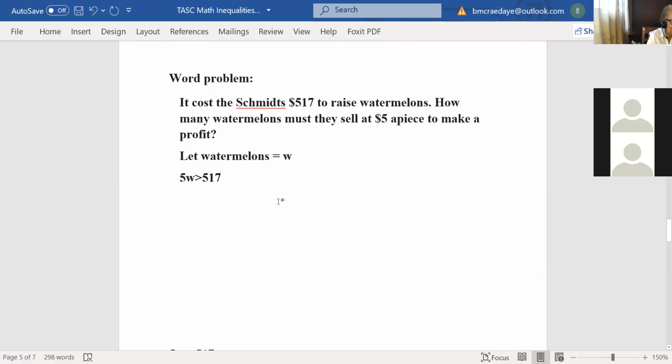This is multiplication, so you do the opposite. That's right. So what would I do? Divide 5 on both sides. Divide both sides by 5. Okay, so let's just do that.